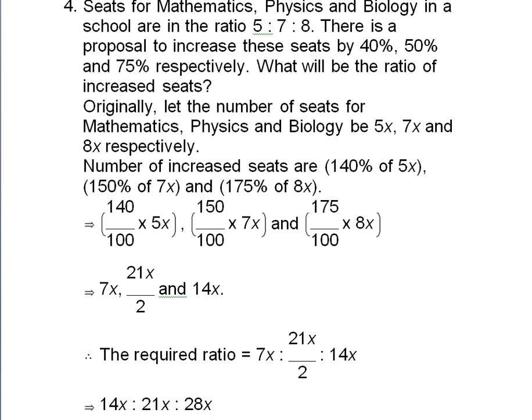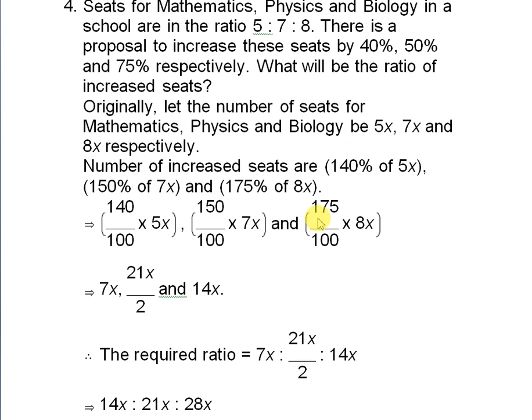Why? Because let us consider that the seats initially were 100% and they will be increasing by these percentages. So that's why we have taken 140% of 5x for mathematics, similarly 150% for physics and 175% for biology.